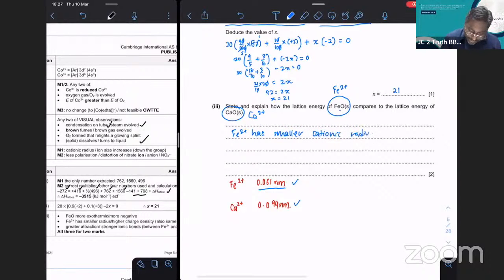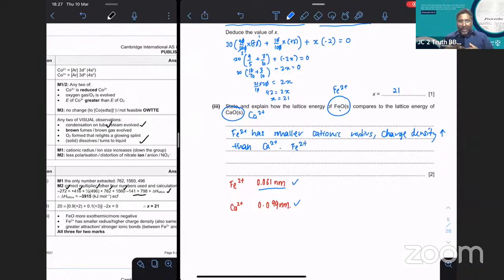Because of that, the charge density is going to be greater, or higher, than Ca2+. That makes Fe2+ have greater attraction. They are able to attract more towards the oxygen.